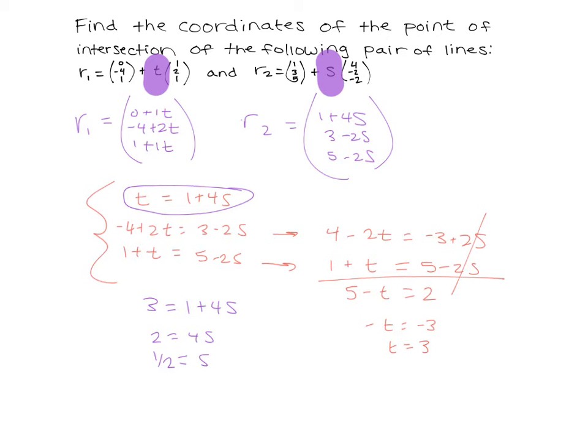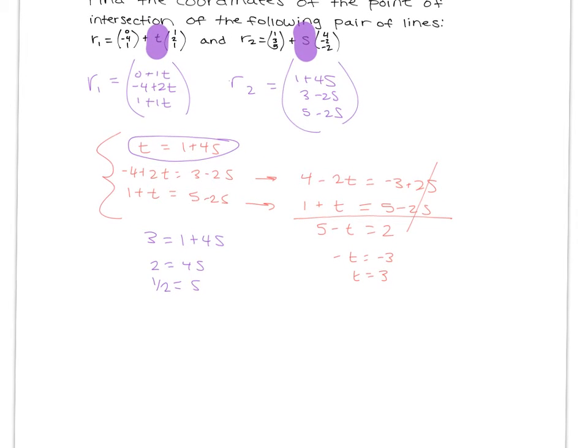So since it says find the coordinates of the point of intersection, I really could assume that there must be an intersection because they phrased the question this way, but I'm going to show you the whole process just so that we're clear on the whole thing. So what I would do is I would take 1/2 for s and I would plug that in to my R2 equation.